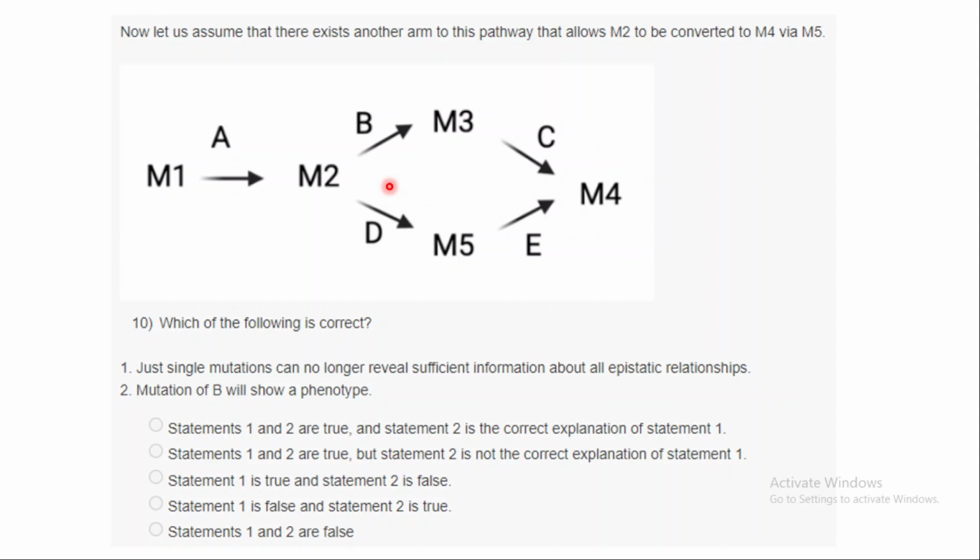Now let me know quickly, what do you think is the correct answer? Okay, Ajay has answered option one: statement one and two are true, and statement two is the correct explanation of statement one.